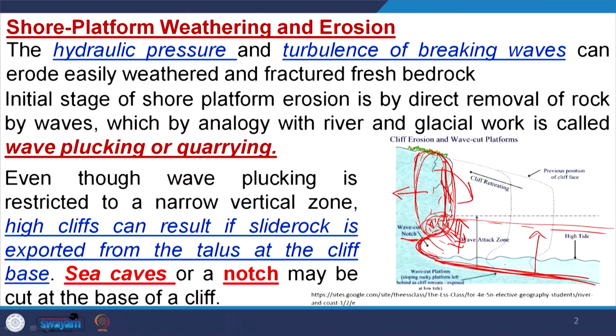Mass wasting plays an important role in retreating the sea cliffs, but to make it convenient for mass wasting, the notch plays an important role. The notch forms due to wave action; the material is removed, this part becomes gravitationally unstable, and finally it falls down.